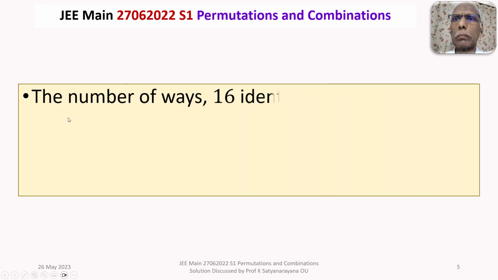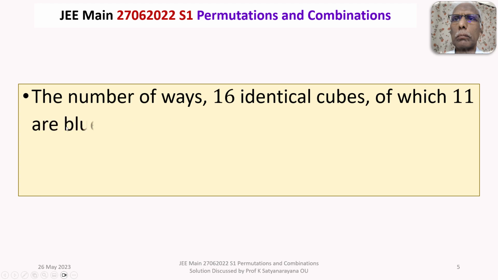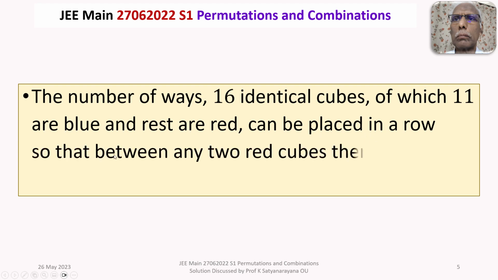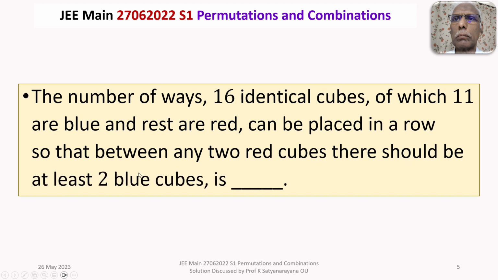The given question is: the number of ways 16 identical cubes, of which 11 are blue and the rest are red, can be placed in a row so that between any two red cubes there should be at least two blue cubes is.